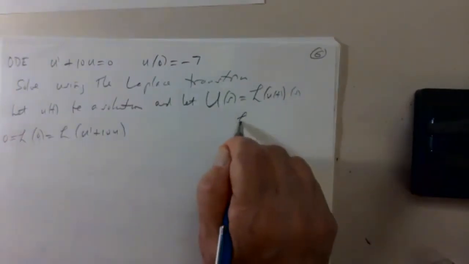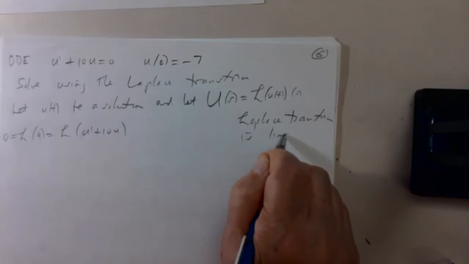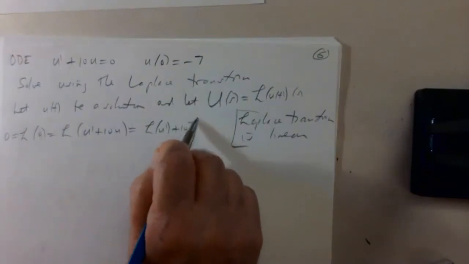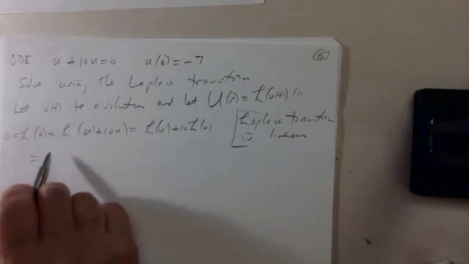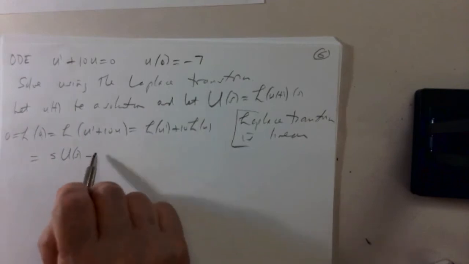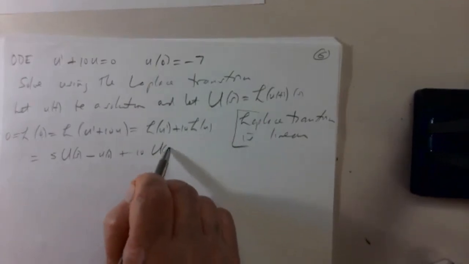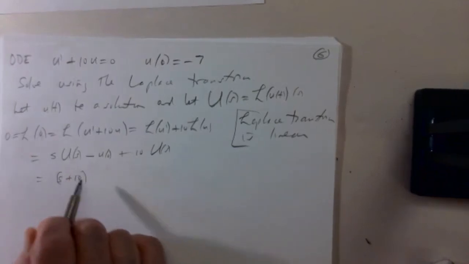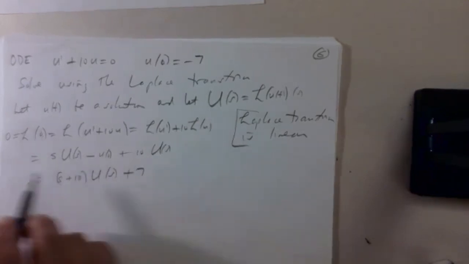And the Laplace transform is a linear operator. That means this is L of u prime plus 10 L of u. What is L of u prime? It's s U of s minus u of 0, plus 10 L of u. So this is s plus 10 times U of s minus u of 0, which is plus 7.